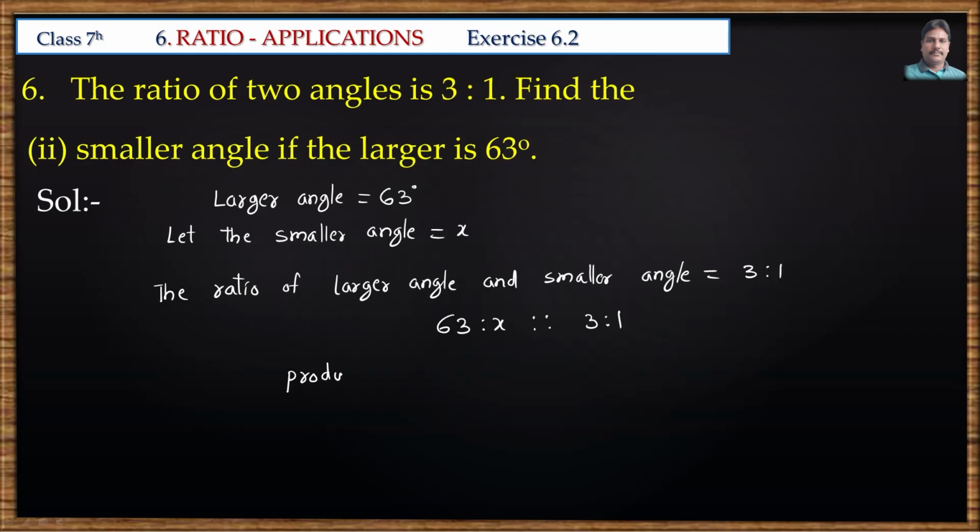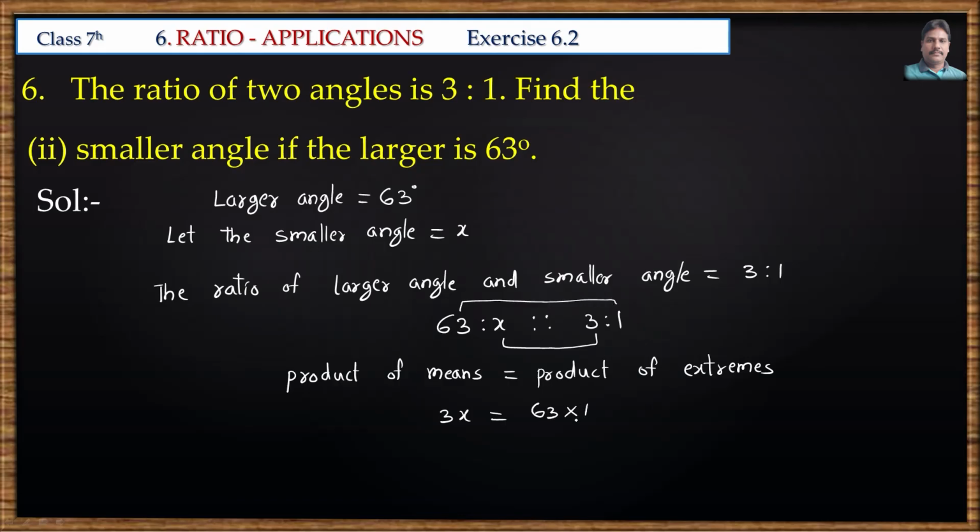Product of means is equal to product of extremes. Here the means are x and 3. The product will become 3x. The extremes are 63 and 1, 63 into 1.